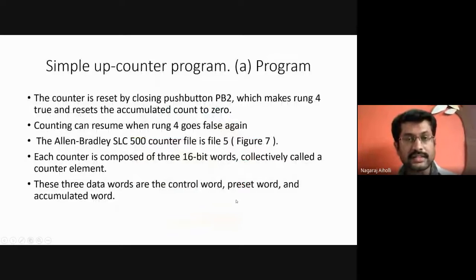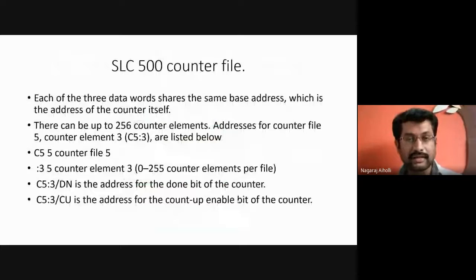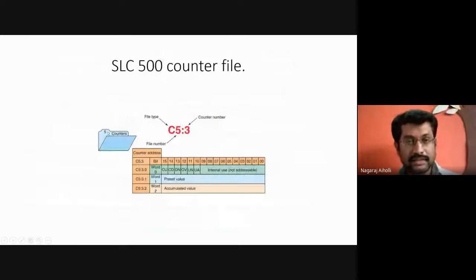Each counter is consisting of three 16-bit words. They are called as counter elements. In the case of timer, they were called as timer elements. Here they are called as counter elements. You will see that figure here. This is counter number 5. As there is file number 5, there is counter number 5. This is C5:3. C stands for counter, 5 stands for the file number, and 3 stands for the counter number.